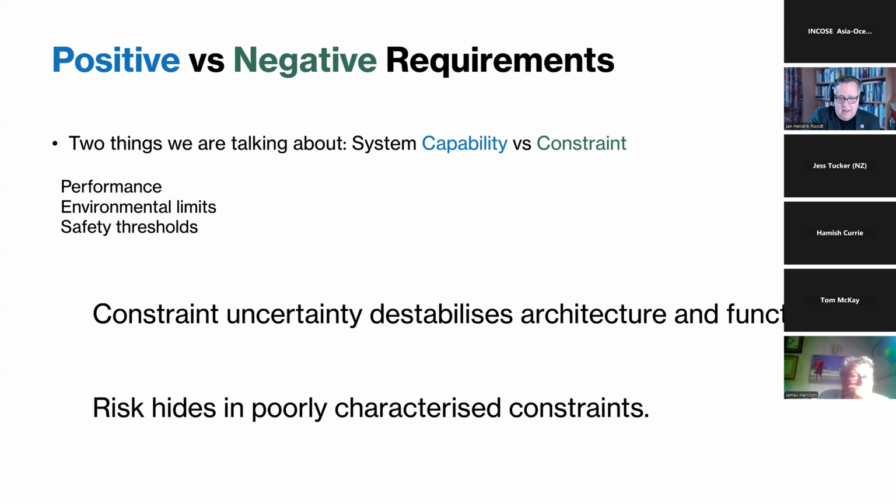The constraints define the design space, like environmental limits, safety thresholds or regulatory boundaries. Constraint uncertainty destabilizes architecture, to my mind, and risk often hides in the negative requirements. Again, that's my experience. So early validation effort should focus there, if that is the way that we want to go. I hope we can have a few minutes to chat about that statement of mine.